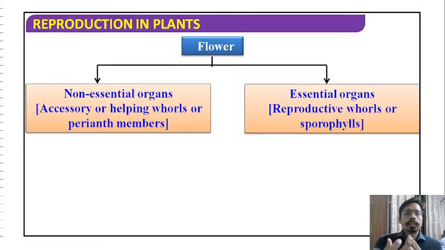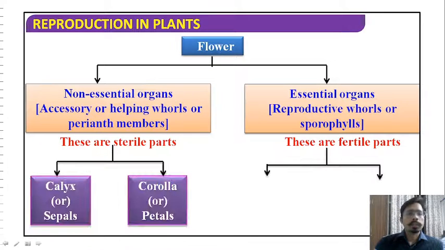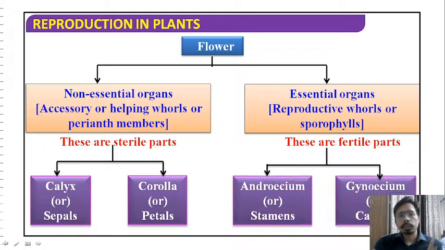The non-essential whorl is not directly involved in reproduction, while the essential whorl, called the reproductive whorl, is directly involved in reproduction. The non-essential whorl has the calyx and the corolla. Calyx has its single unit called sepal, while the corolla has its single unit called petal. The reproductive whorl again has two structures, androecium and gynoecium.